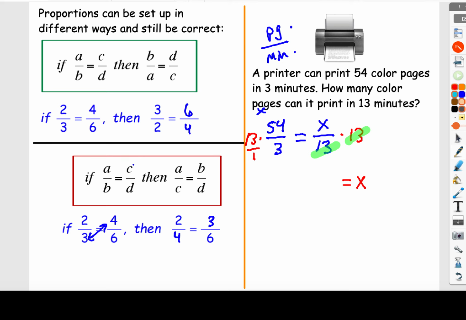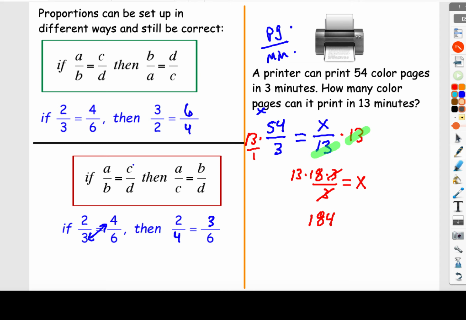The nice part I noticed, 3 goes into 54 18 times. So really this is 13 times 18, because that extra 3 would have canceled away. So now all I need to do is figure out what's 13 times 18. I believe that's 184, though you may want to check me on the calculator.